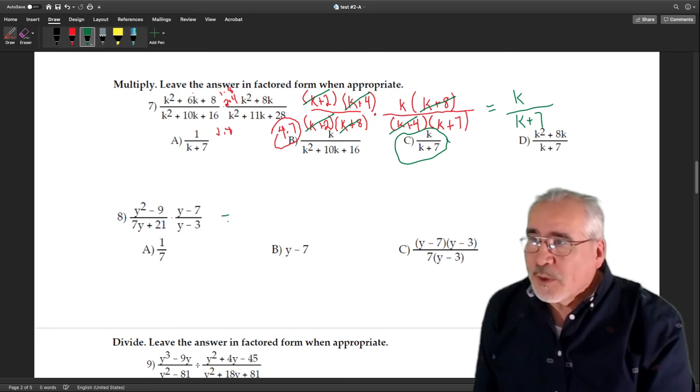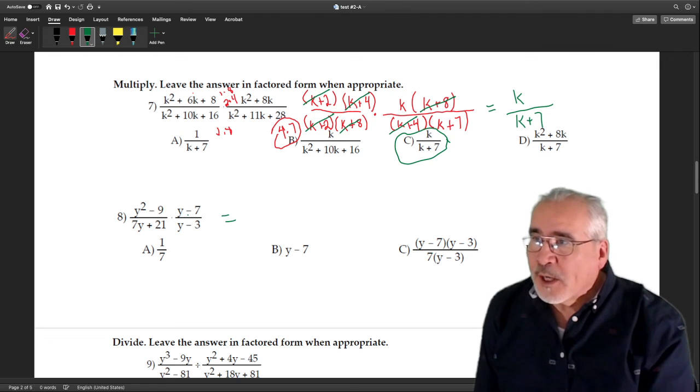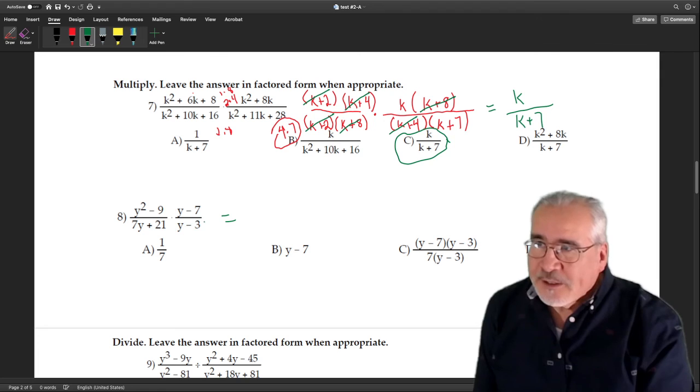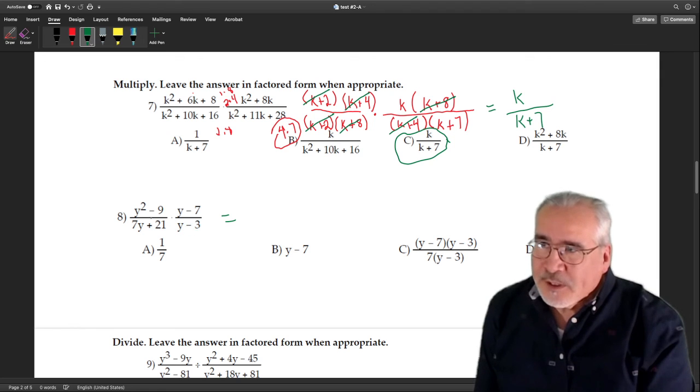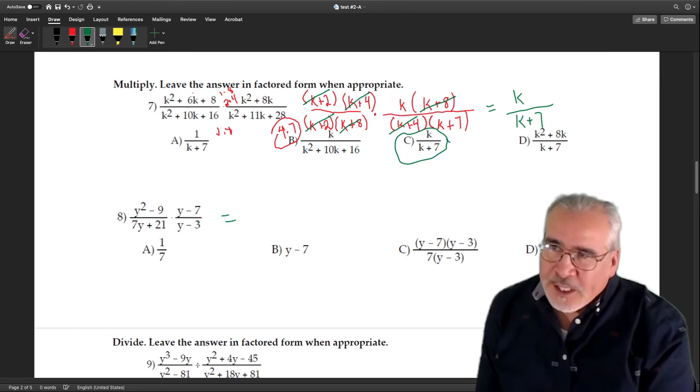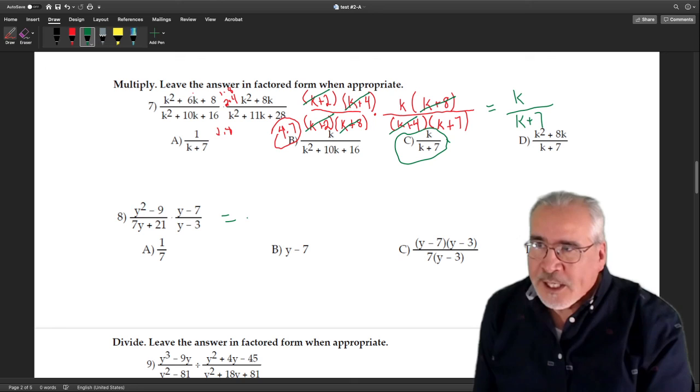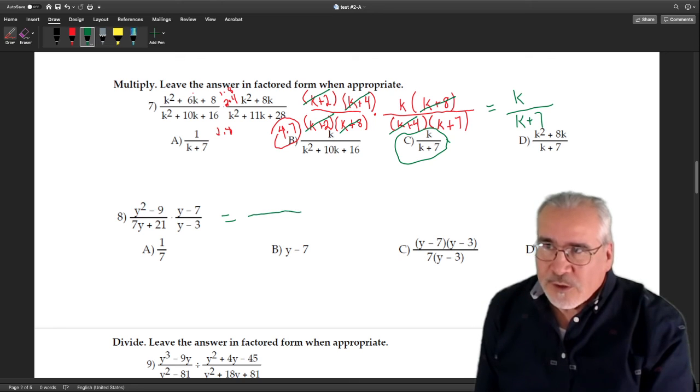So the first thing we want to do is look at factoring. Well, y minus 7 and y minus 3, those can't be factored. They do give us hints though, because this y squared minus 9, we've got to get some canceling. Hopefully you see this y squared minus 9. That's a difference of squares. It's y squared minus 3 squared.